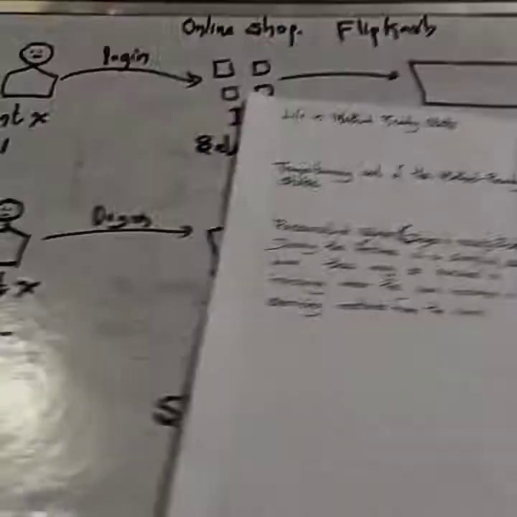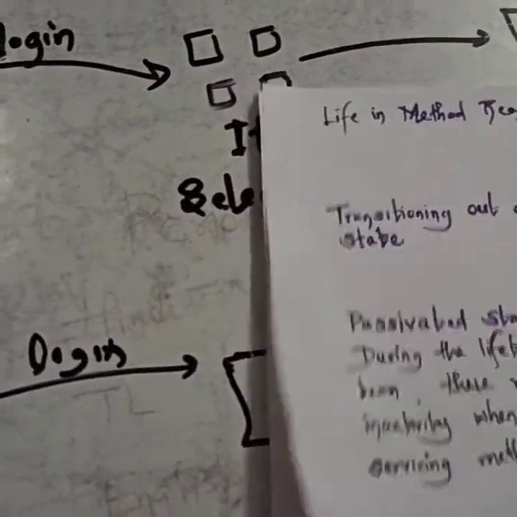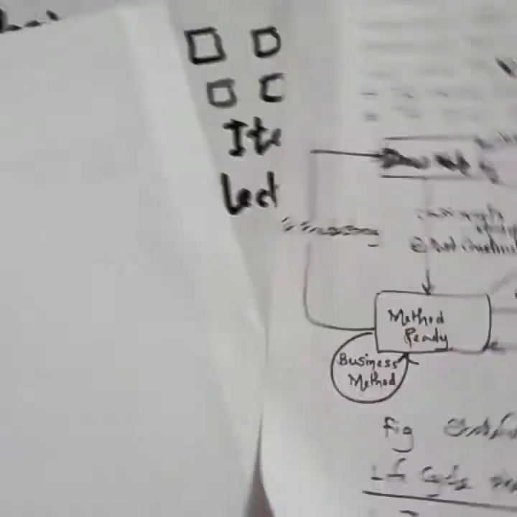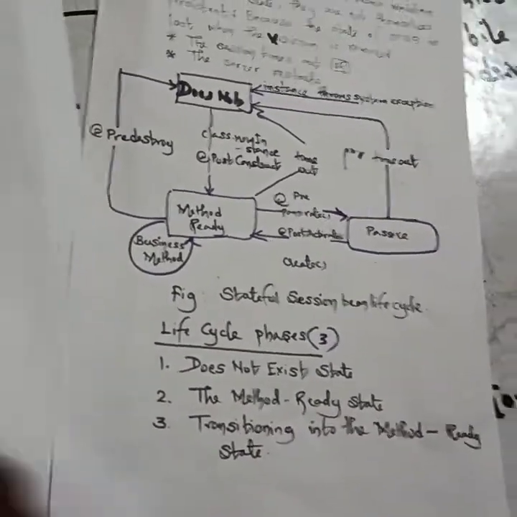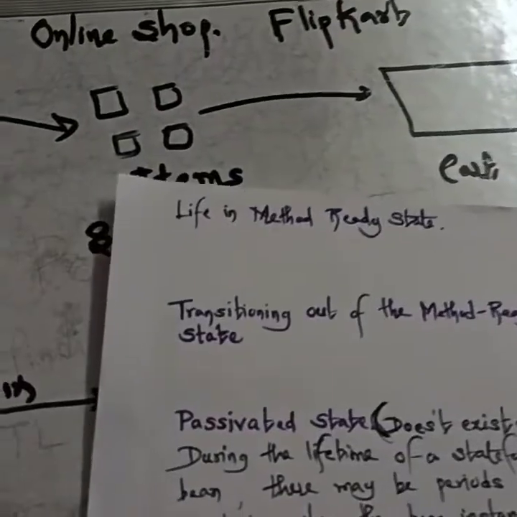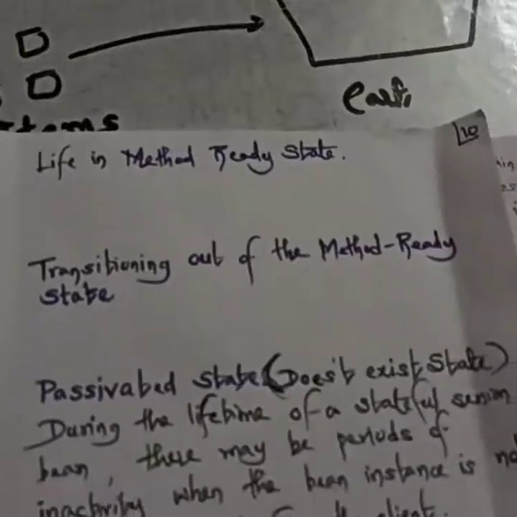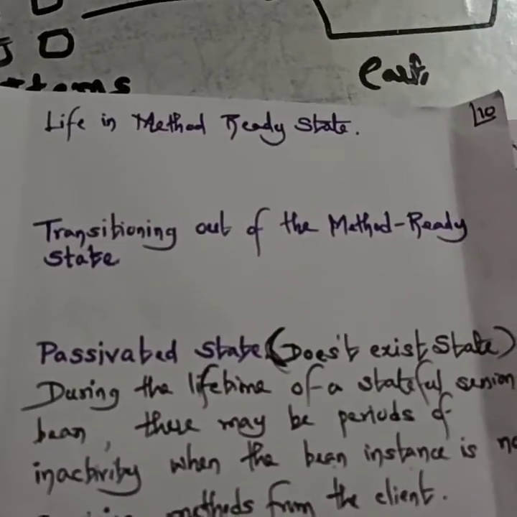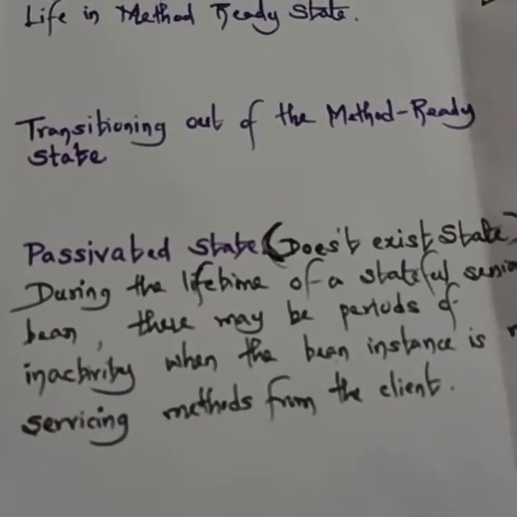Apart from this, when the question is asked about the life cycle of a stateful session bean, along with these three different stages, you need to explain how life in a method ready state works, how transitioning out of the method ready state works, and what the passive waited state is.